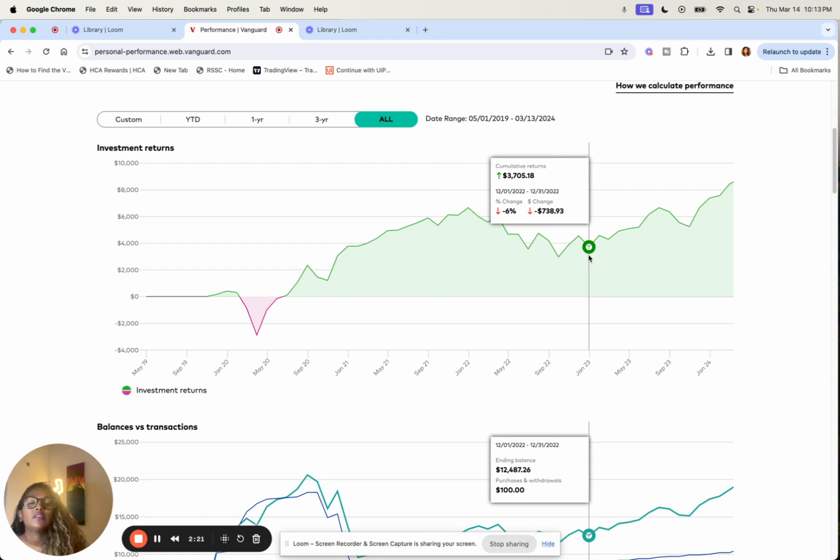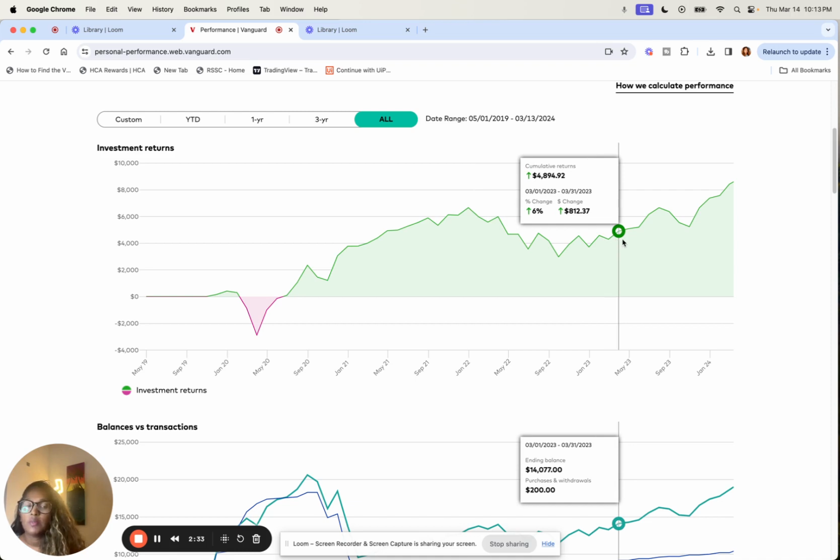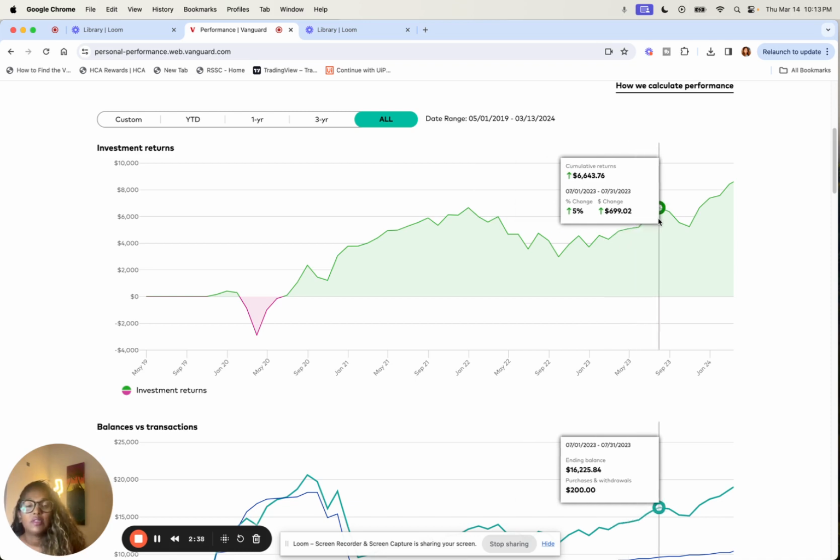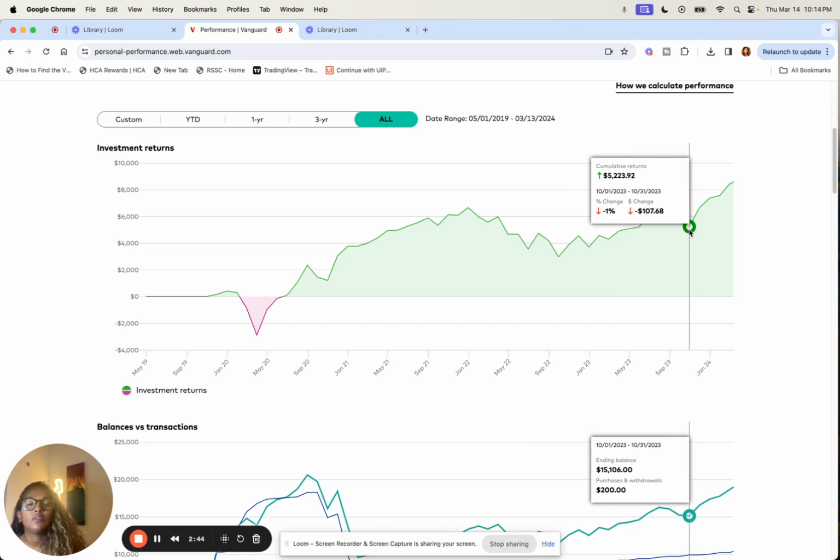There it is, it says its cumulative returns is 3007. Then in 2022, it was down 6%. There are a lot of dips, but also a lot of rises in the cumulative returns, and that is the big picture of how much is being accumulated over time.